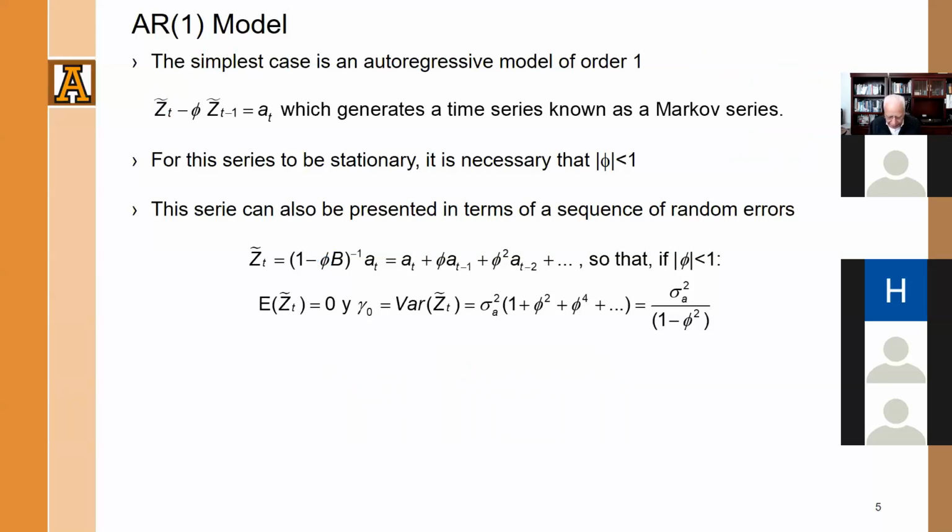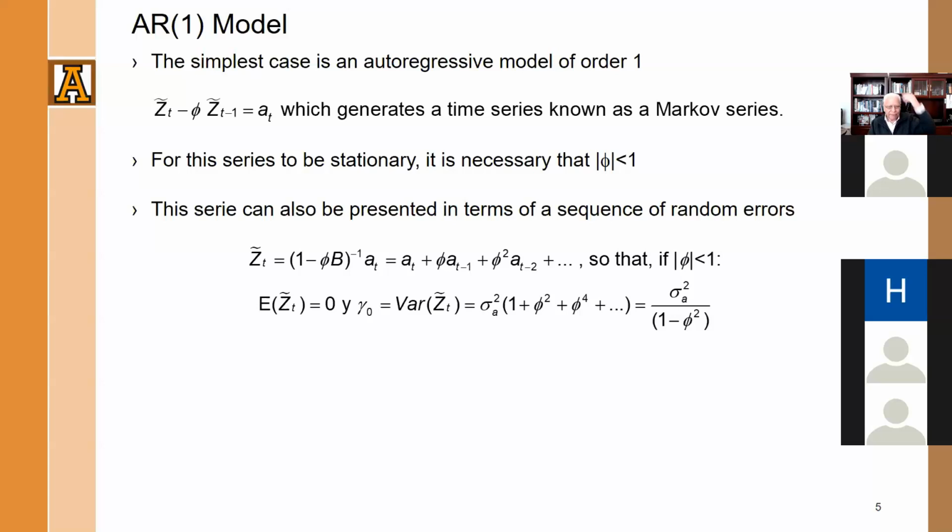Now, phi is less than 1, so the expected value of Z_t, we know, is equal to 0. And gamma 0 is the variance of Z_t. If I compute the variance of Z_t here, remember the a_t's are independent, and that's the only random component in this equation.